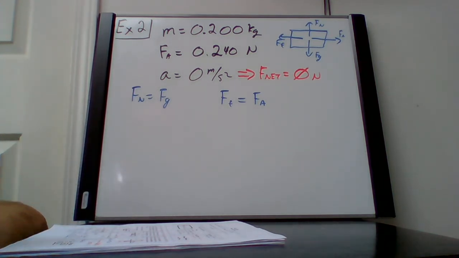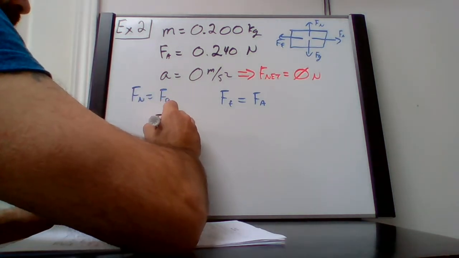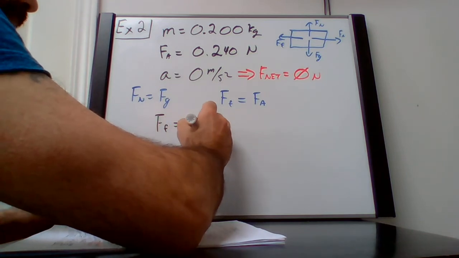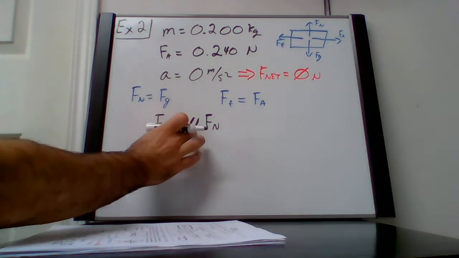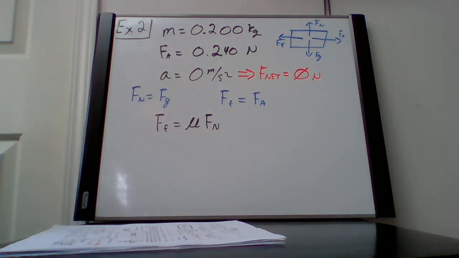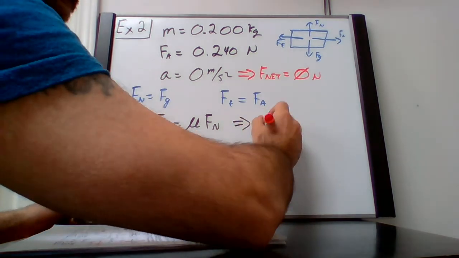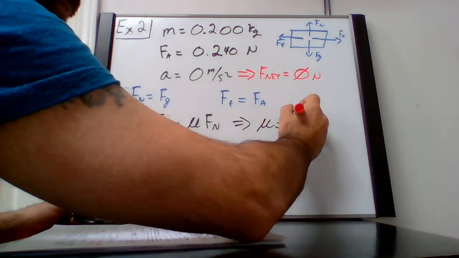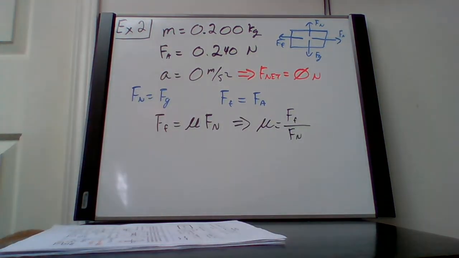Let's take a look here then. If we go back to our original formula, force of friction equals mu Fn. We're trying to solve for this mu, right? We want to find the coefficient of friction. That was the problem. So mu equals force of friction divided by force normal.